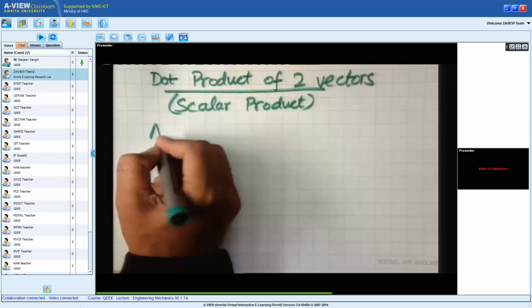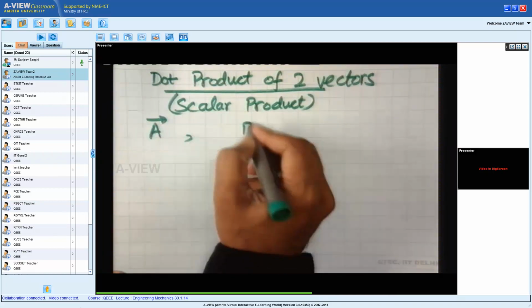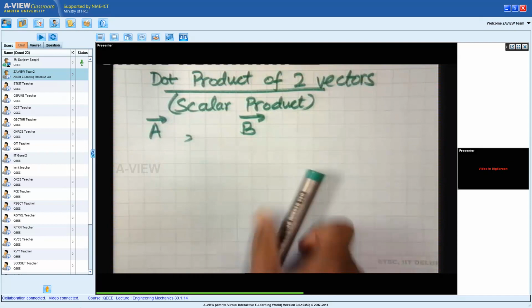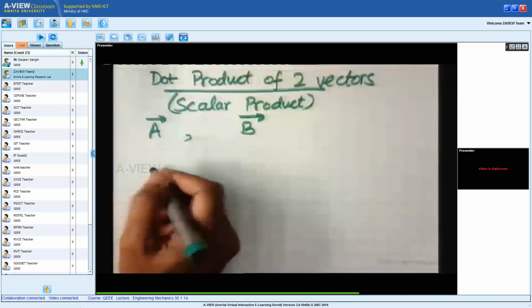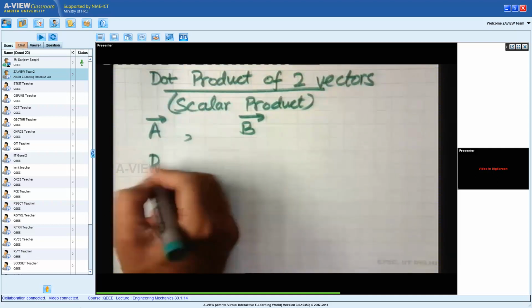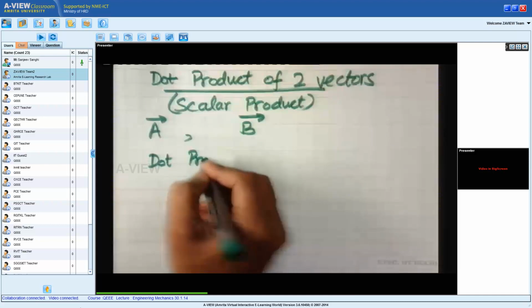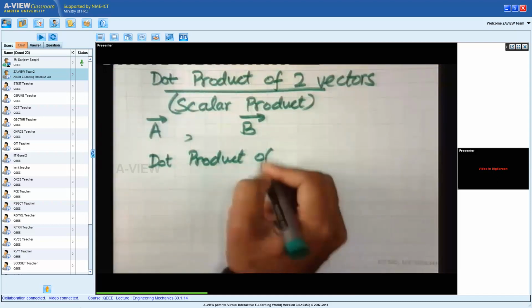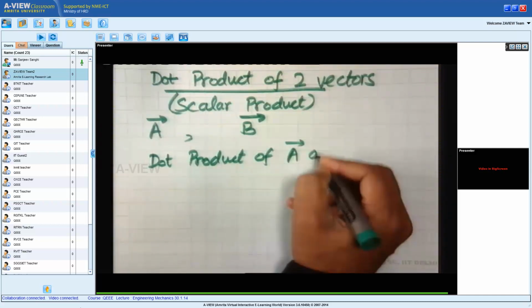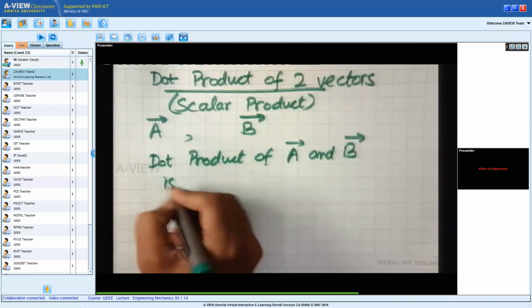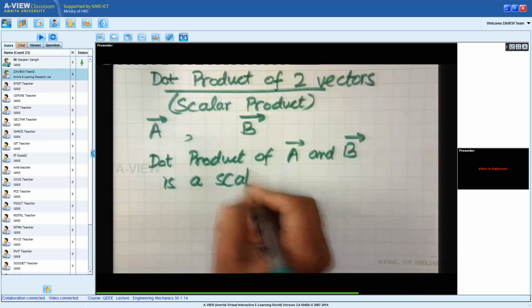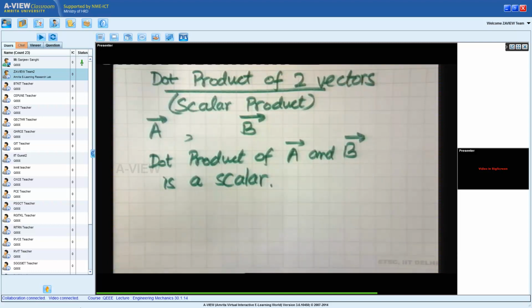So if we have a vector A and a vector B, then the dot product of these two vectors is given by, first of all, when I talk of a dot product of A and B, this quantity is a scalar. It is not a vector, and it is not a higher order quantity like a tensor, which somebody asked about in a question yesterday.